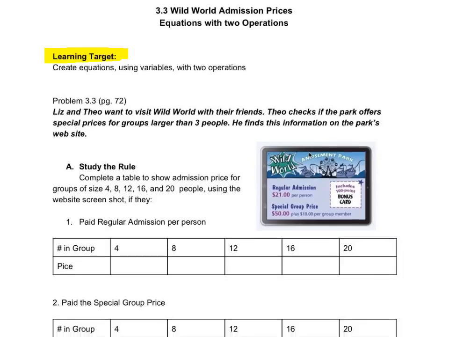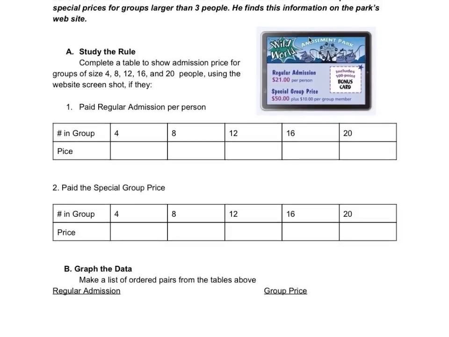So part A is to complete a table to show admission price for groups of sizes 4, 8, 12, 16, and 20 people. And we are going to create a table that first is taking into account that every single person is paying regular admission.